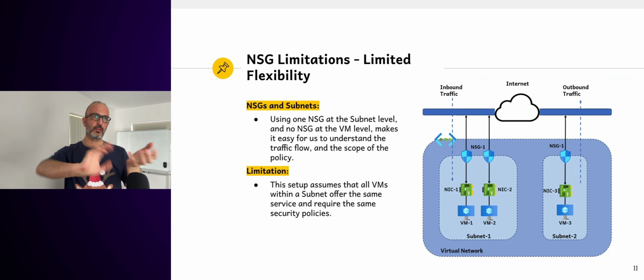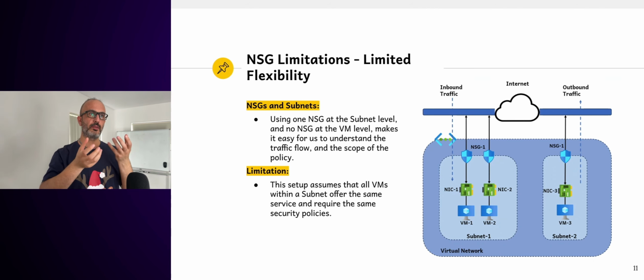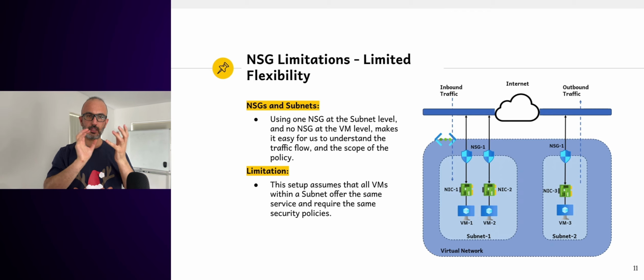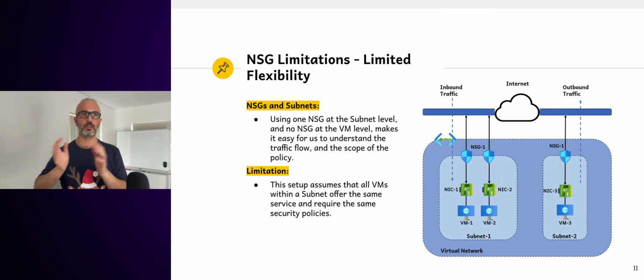The other thing that I want to talk about, which we just talked about, is the compromise between flexibility and complexity. So NSGs are very simple, but if you want to have more flexibility, more fine-grained control over your traffic, it becomes really difficult because if you want to have, say, one NSG per subnet, that means you have to group workloads that have similar network security requirements in the same subnet, and that becomes limiting because now each type of workload, let's say you want to allow ping and then deny ping and allow RDP and so on and so forth, you want to separate them into subnets, that becomes really difficult.